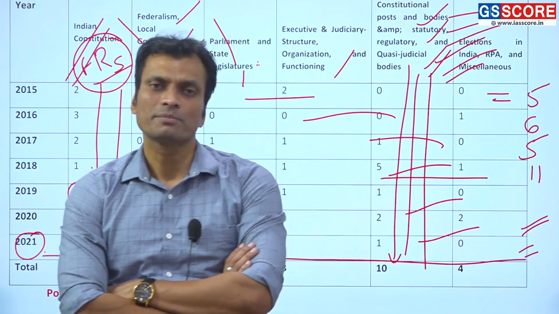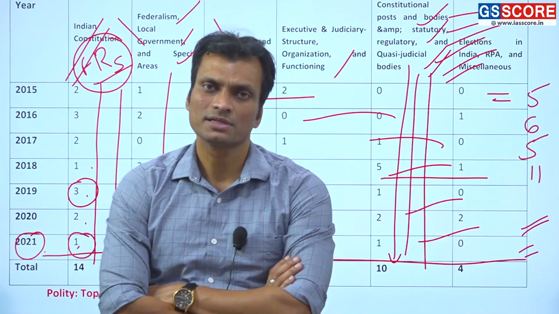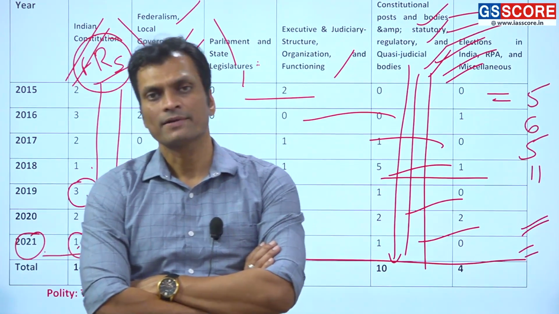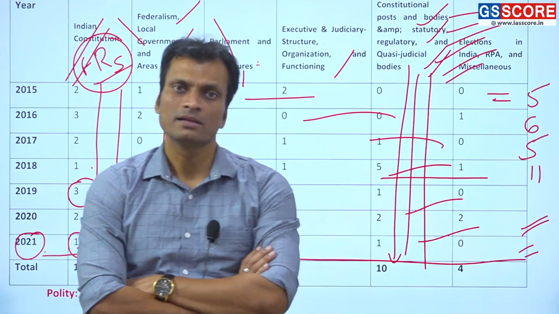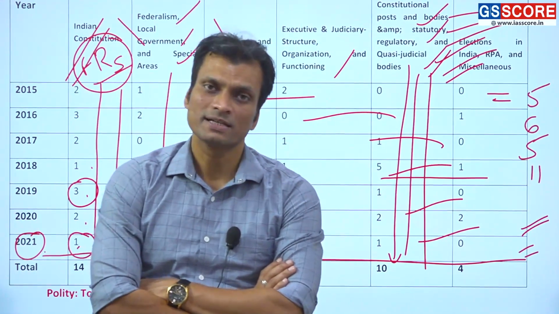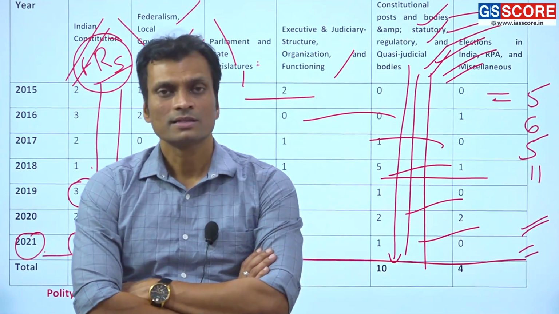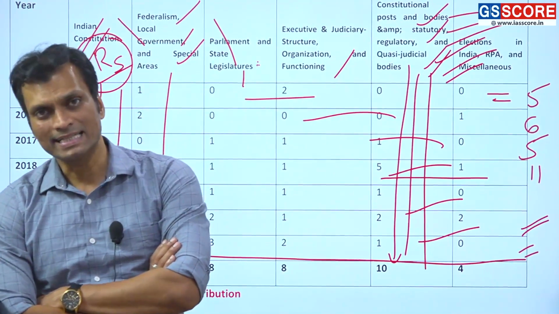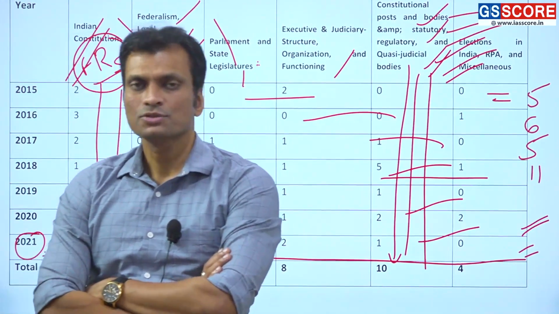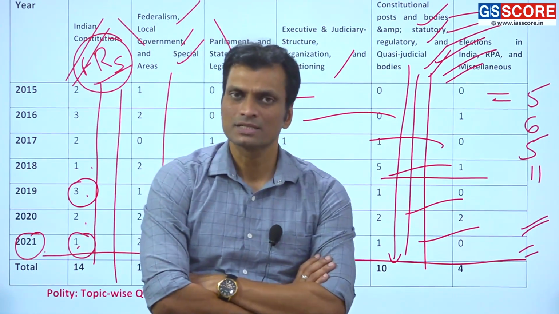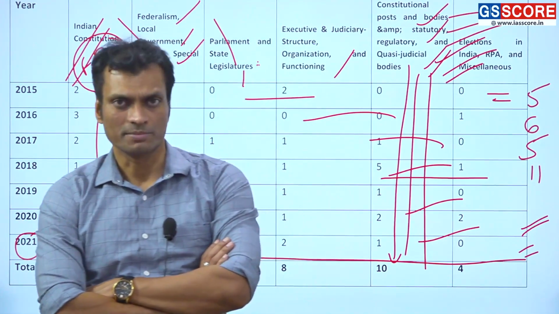These 5-6 topics are descriptive in nature, like ordinance, emergency, President's rule provisions, money bill and ordinary bill, election of President, Vice President, appointment of judges and their removal. These 6-7 topics are static in nature, and if we prepare them well, we can easily expect at least one question from them.